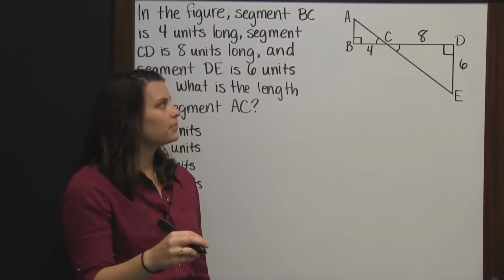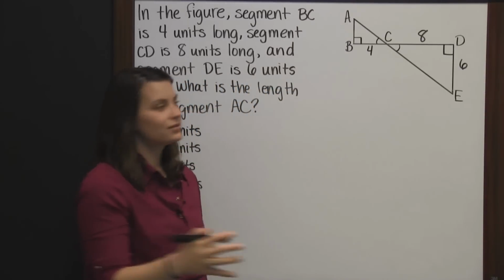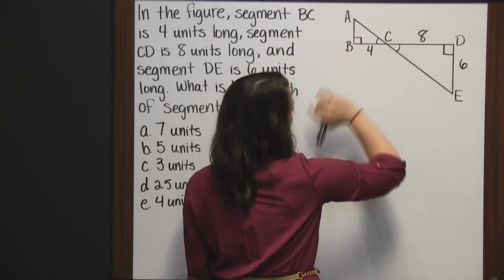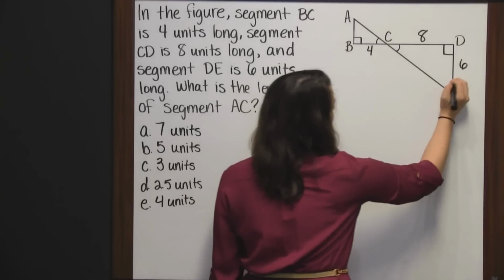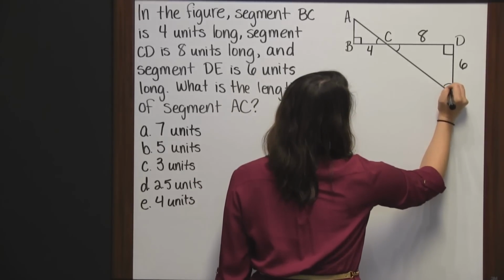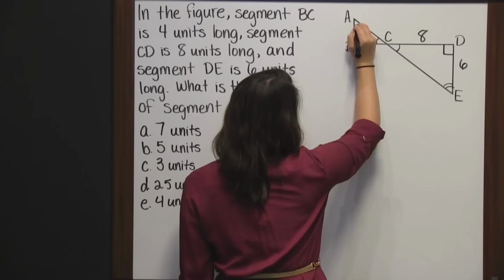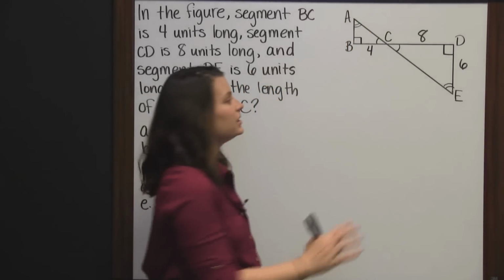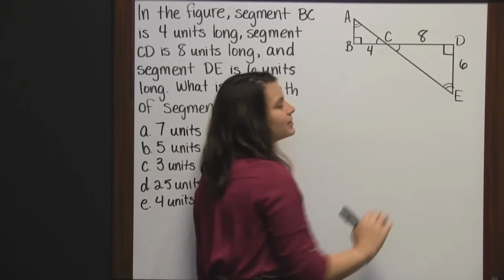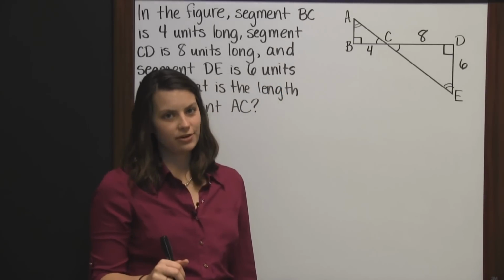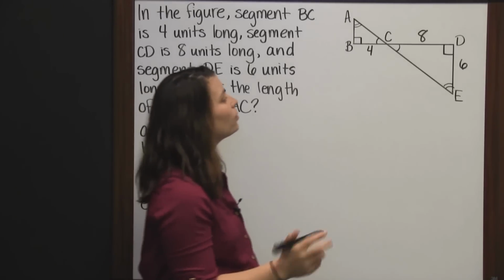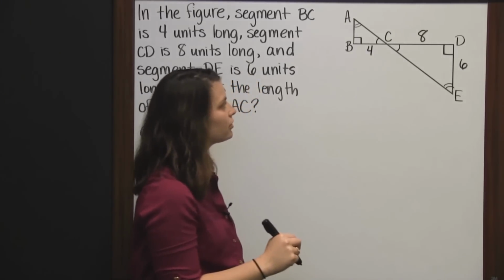And since 2 angles of this triangle are congruent to 2 angles of the other triangle, that means that the third angles, angle E and angle A, are congruent to each other. Therefore, these 2 triangles are similar to each other because all 3 of their corresponding angles are congruent to each other.